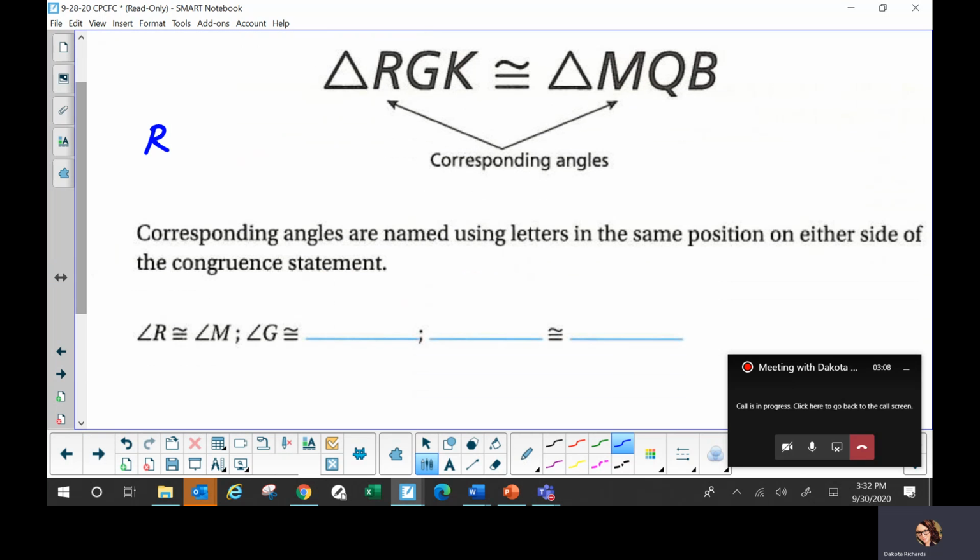So again, I'm going to make my little cheat sheet. Stack the letters on top of each other. Angle R corresponds with angle M. Angle G corresponds with angle Q. So those two are congruent. And then angle K corresponds with angle B. All right.